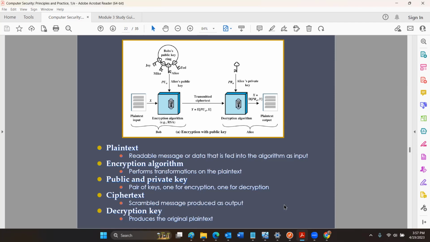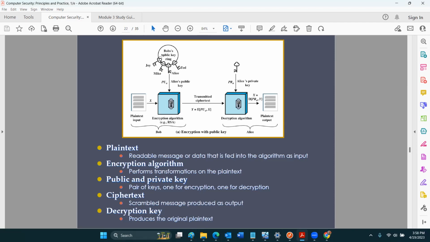Should Bob have Alice's private key or Alice's public key? Maybe Alice's private key. If Bob had Alice's private key, Bob could read everything that is supposed to be secret only to Alice. Well, this will be the public. Yeah, so Alice puts out her public key. See here, you see that Bob is giving out his public key to Alice, to Joy, to Mike, to Ted. So this is the only confusing part about public key encryption. And if you listen really carefully, you'll keep it straight, always.